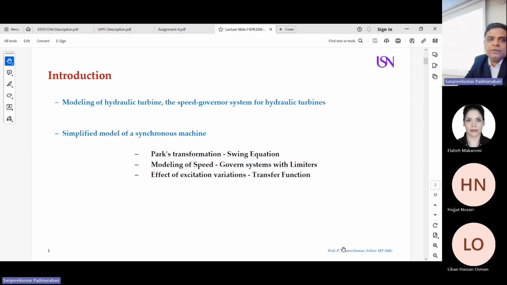So today we are going to look at how we can model a hydraulic turbine and how to control its speed governor system. It's very important. I'm not discussing thermal power plants. If you want to learn about thermal power plants, your textbook is very vast. You can find the modeling, how to make a steam turbine, everything available in your textbook, but our goal is hydropower plants. So I restrict my presentation to hydropower plants.